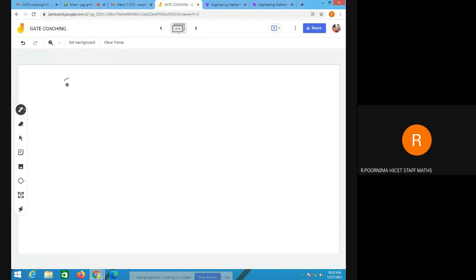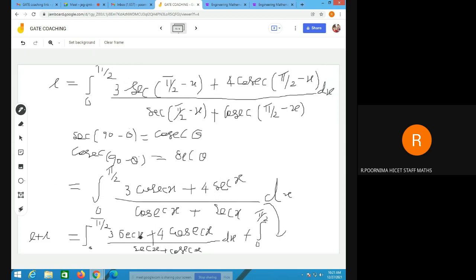So the left hand side becomes 2L, because L plus L is 2L, integral 0 to pi by 2, the denominator common, secant x plus cosecant x. In the numerator, the first term is 3 secant x plus 4 cosecant x, and the next term is 3 cosecant x plus 4 secant x.